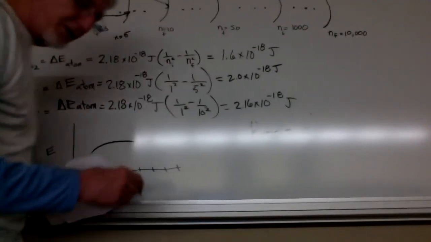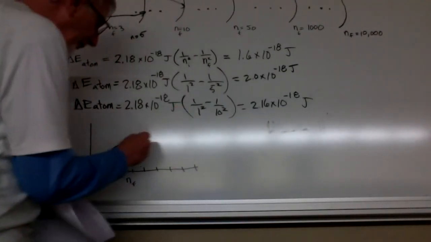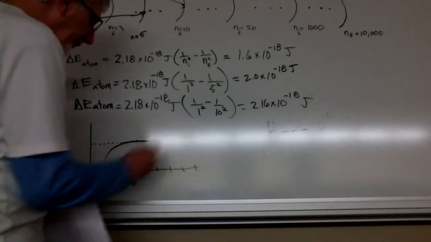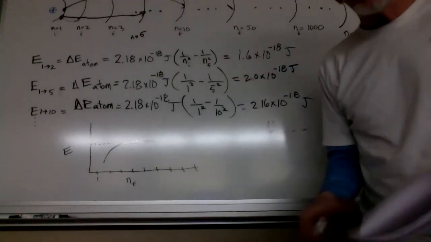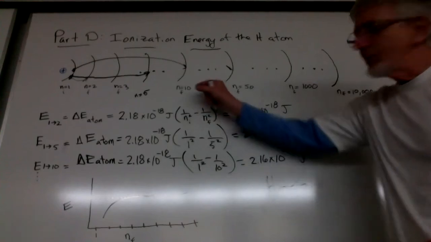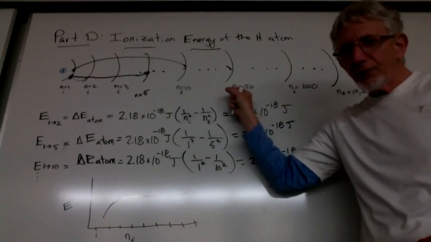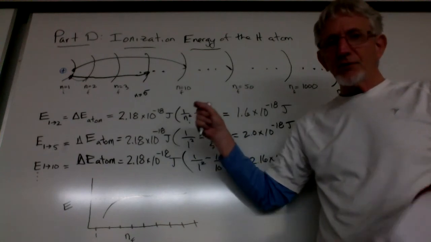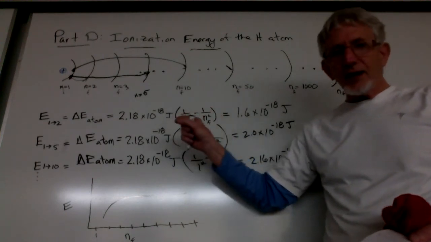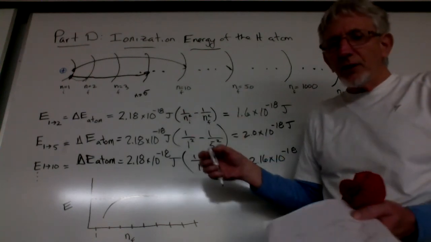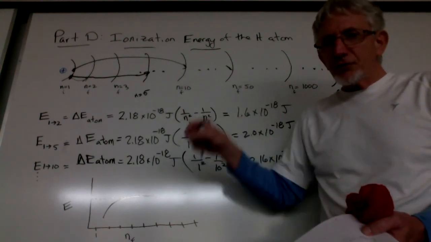The ionization energy is going to be where this hits what's called an asymptotic limit. At some point, no matter how far you pull the electron away, the energy required to pull it another step doesn't go any higher. At some point, you've pulled the electron so far away from the nucleus that it no longer feels the attraction to that nucleus. And therefore, it's not going to take any more energy to remove it any further away, because the only thing requiring energy to pull the electron out is its attraction for the nucleus.